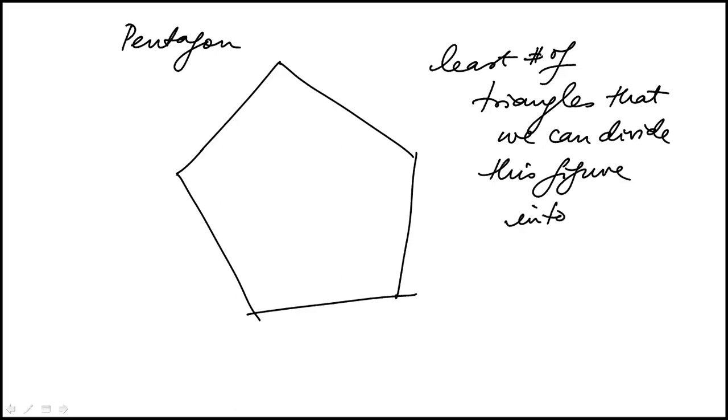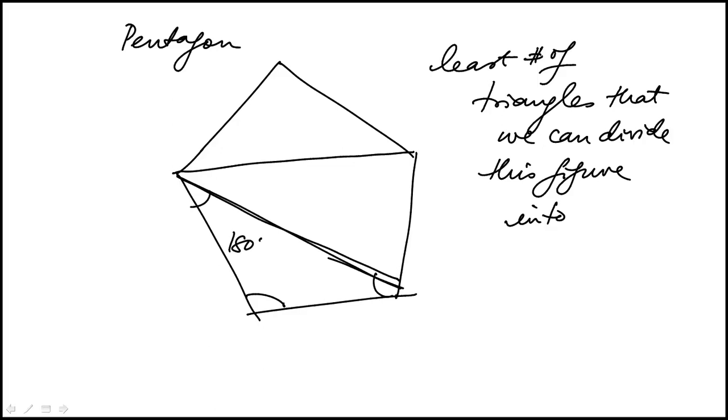And we can divide it here and then here. And 3 is the least number of triangles. And we know this angle, that angle, that angle is 180. This is 180. And then that, and that is 180, which means that the sum of the internal angles of this pentagon is going to be 180 times 3, or 540.